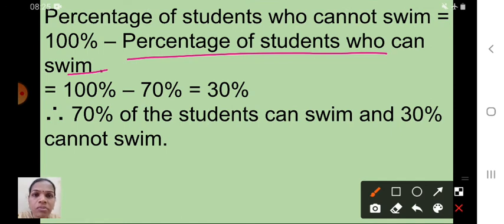That means 100 percent minus 70 percent, that is 30 percent. So children, 70 percent of students can swim, 30 percent of students cannot swim. So this is your final answer. I hope you understood this sum. Yes, shall I go to the third one now?